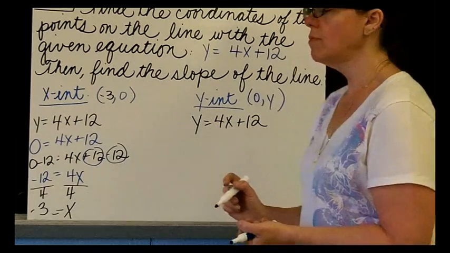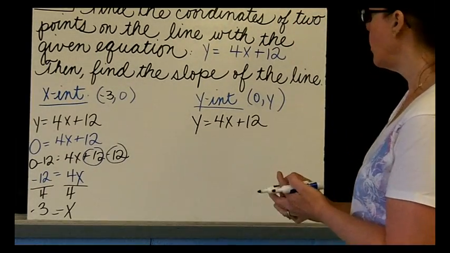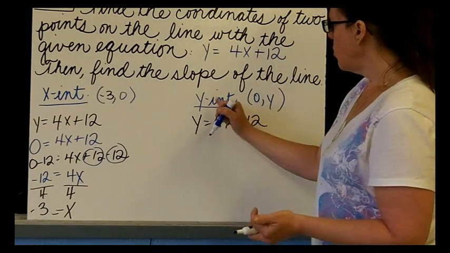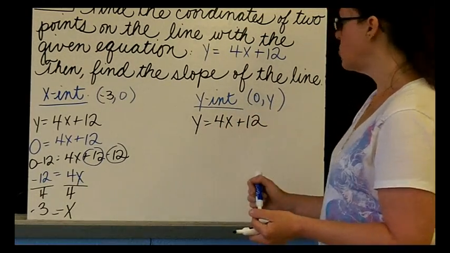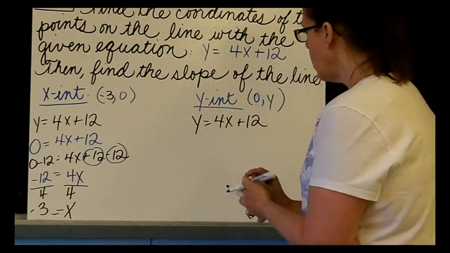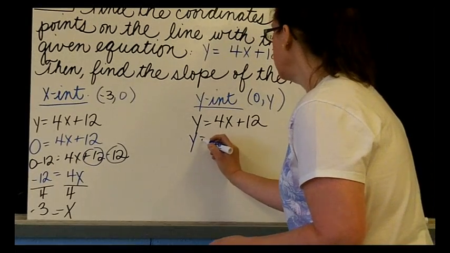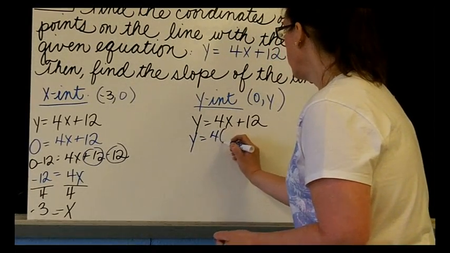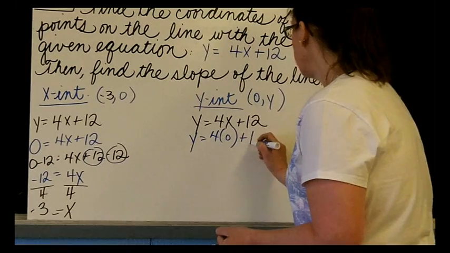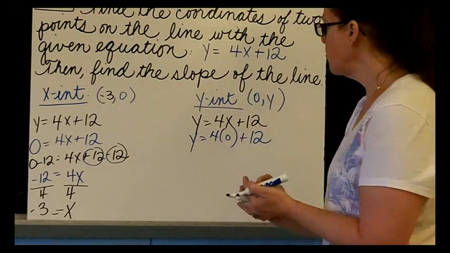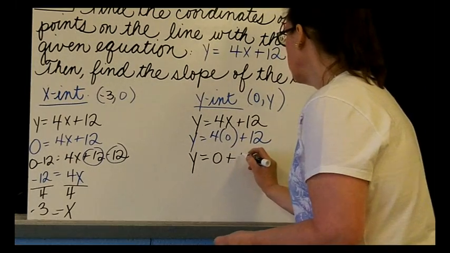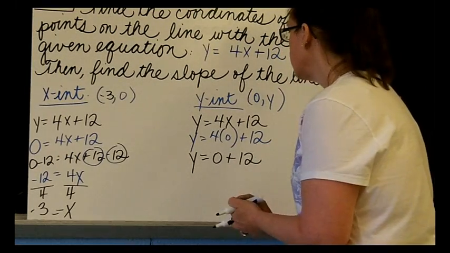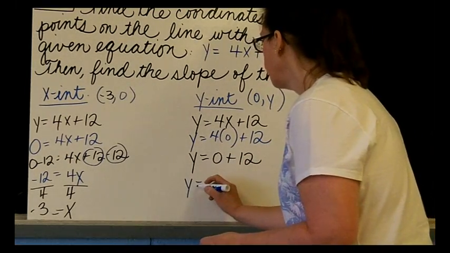And now we're going to do the y. This time, instead of substituting a 0 for the y, we're going to substitute a 0 for the x. So our y stays the same, y equals 4 times 0 plus 12, and this is a lot easier. Y equals 0 plus 12, so y equals 12.